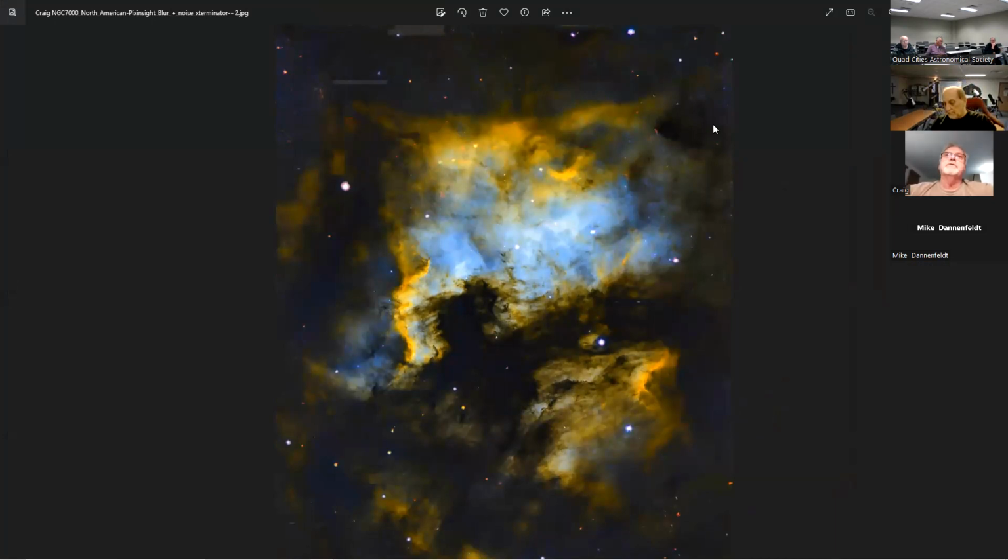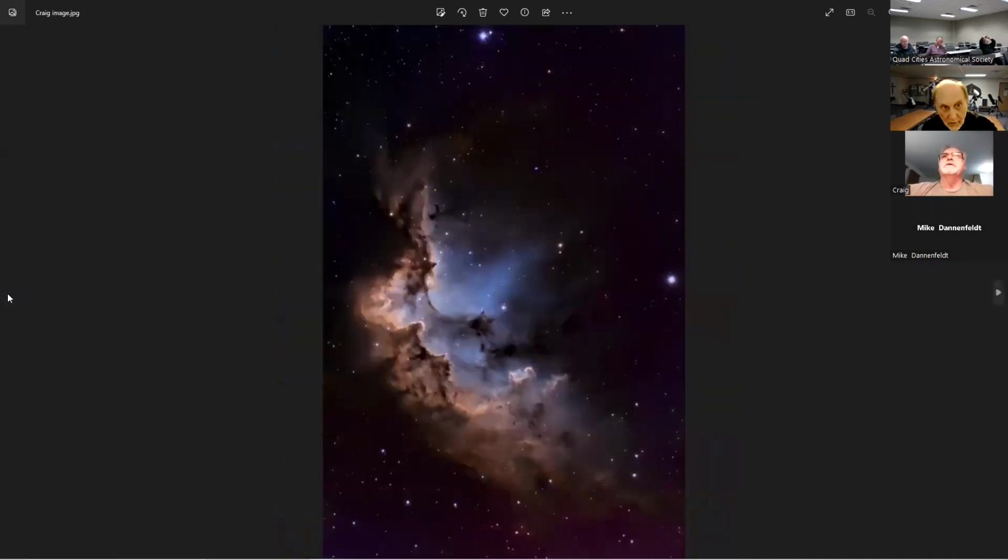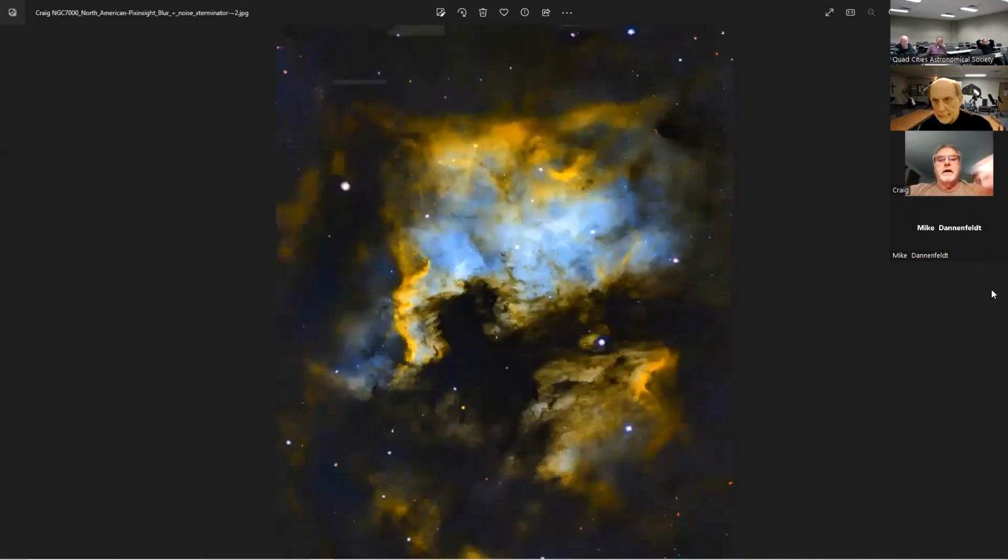You do that when you remove the stars first, and then you add the stars back on. Just recently I've had a problem with the Wizard. The stars have a magenta glow to them. But in PixInsight, you can go into Script, Utilities, and remove magenta from stars, and it's just a matter of a click.